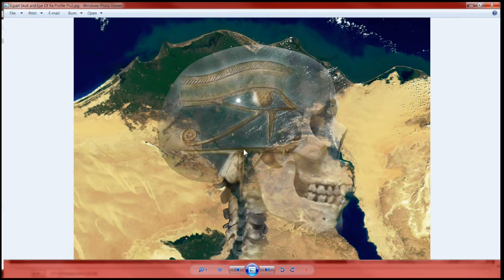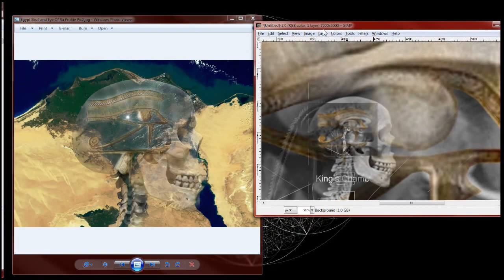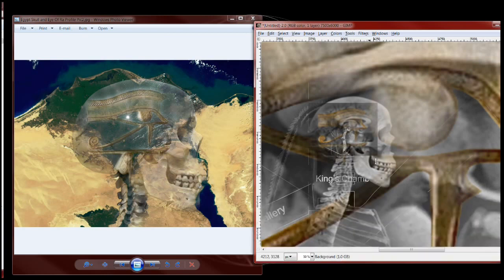But when we take a look over here, can you see why his face might be taken off at the very top right there? It's because this right here is the thalamus, and the thalamus is taking this area, just like it's doing right here, off the front of his head.